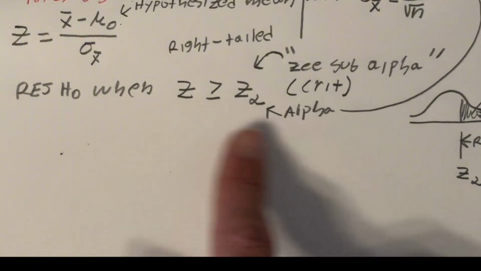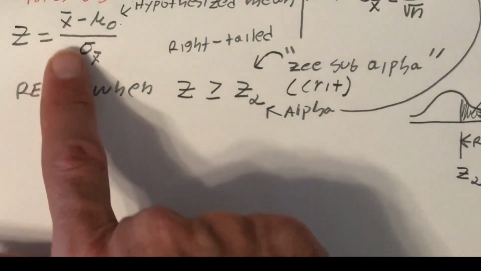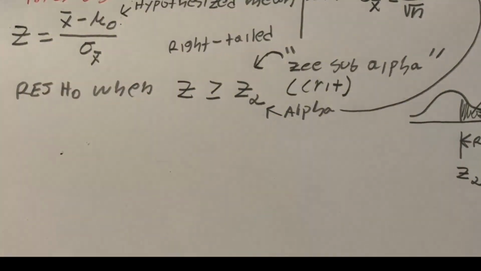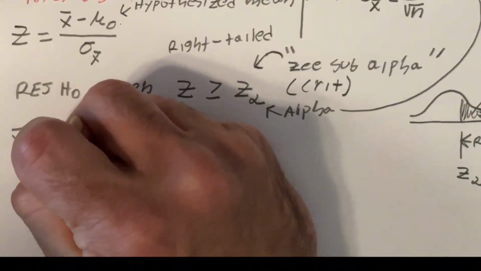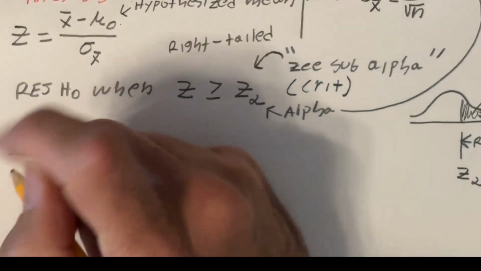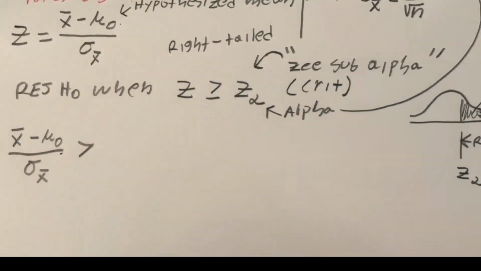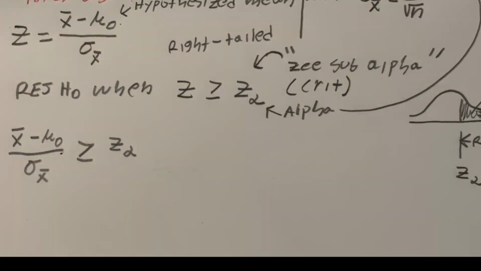And if you're looking at this, you might say, well, where's the x bar? I don't see it. Well, we're going to substitute the formula into this, and you see there is an x bar. So we're going to write this as x bar minus mu naught divided by sigma sub x bar is greater than or equal to z sub alpha, because it's a right-tailed test.